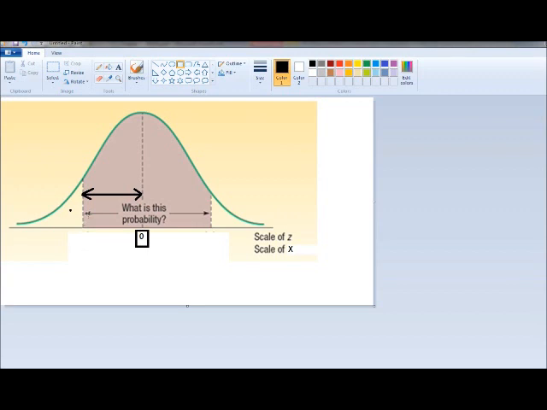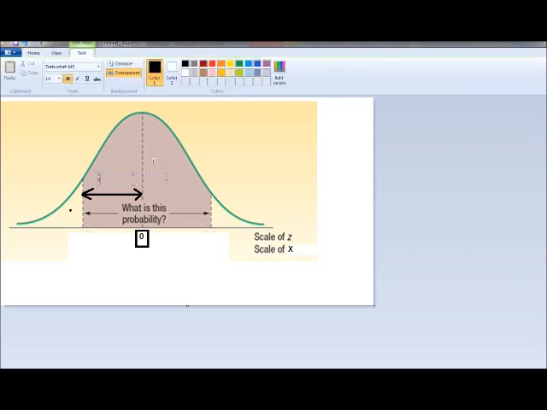So if that 99% is perfectly centered about this mean, then you have to take 0.99 and divide it in half, and you would find out that the area you're actually looking up in the table in your book is 0.4950.